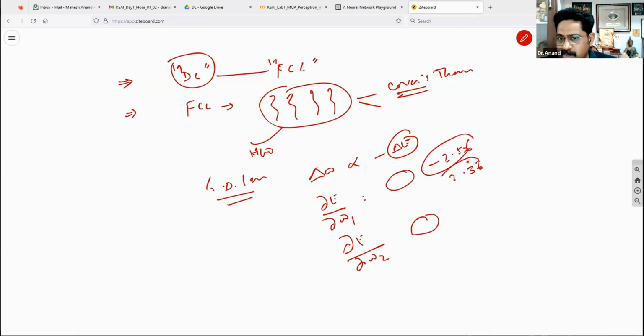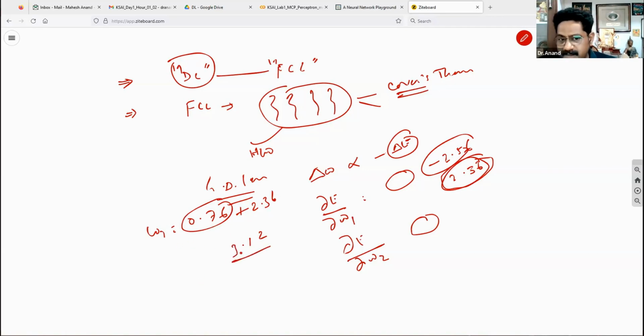What does the score tell us? Initially, in my previous iteration, my W1 was something like 0.76. And if my gradient score gives me 2.36, what it does is plus 2.36. That means my weight is adjusted from 0.76 to 0.76 plus 2.36, which is 3.12.